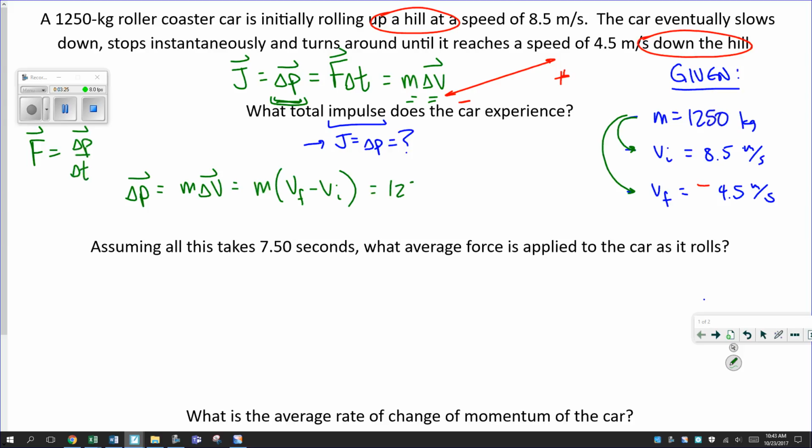And that's 1,250 kilograms times negative 4.5 meters per second minus 8.5 meters per second. So notice our change in velocity is not 4. Our change in velocity is negative 13.